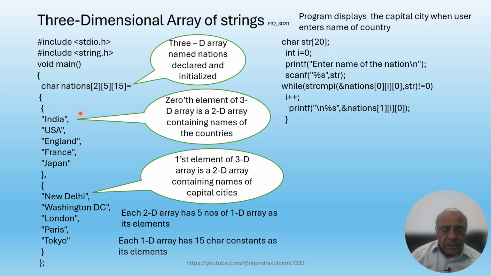And since we have arranged both these 2D arrays of the 3D array in a way that the names of the nations are indexed and the capitals of the nations are indexed in the same way. So the 0th element of the first element of the 3D array is India. Its index in the array which we have initialized with the capitals remains the same.